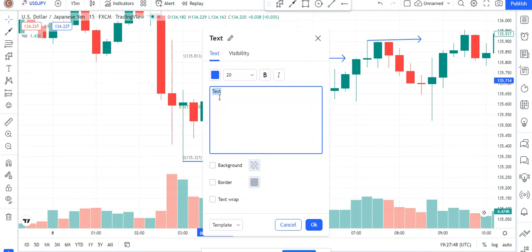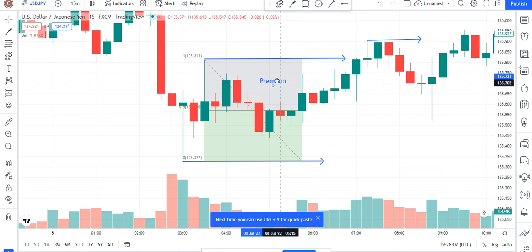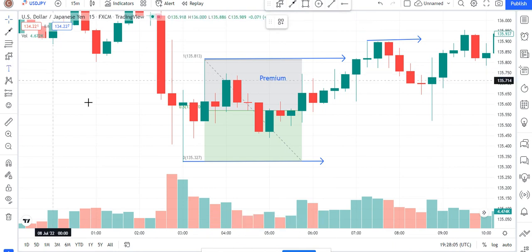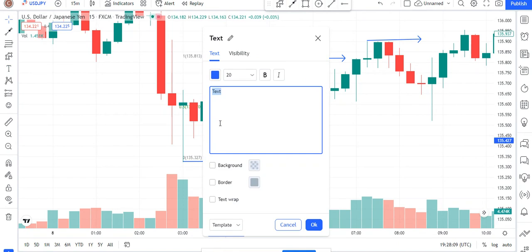So that place is a premium price. We call the top area a premium. Let me shift that so you can see it. Top is a premium. The bottom shaded area is discount.